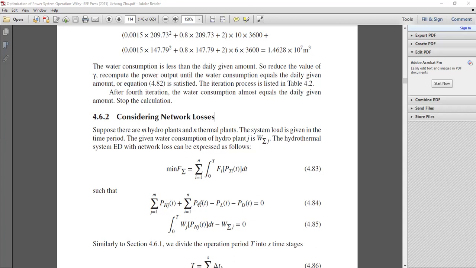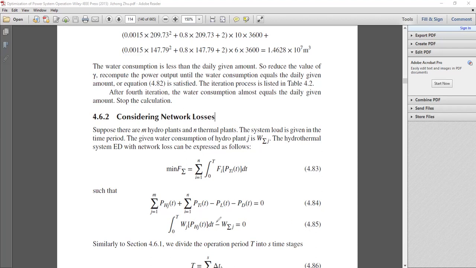You are adding up the thermal outputs for n number of units, minus PL, the loss. Oh, sorry, PL is the loss. This is what we are introducing here. The network loss PL at the tth instant minus P total demand at the tth instant equals 0. So your generation PH and PT should be equal to the transmission loss plus the demand.